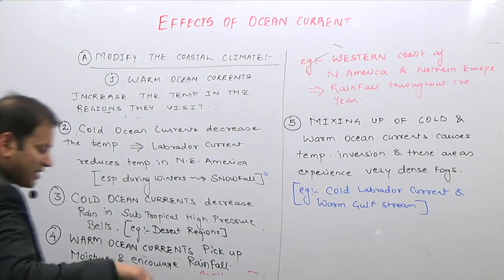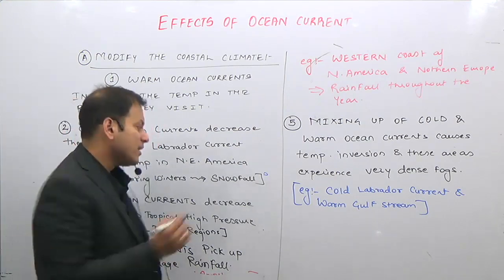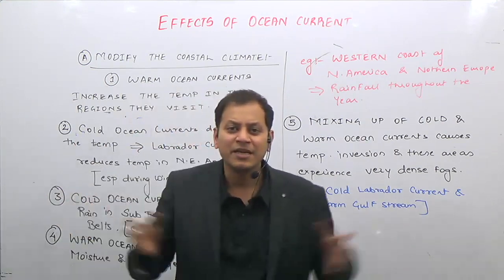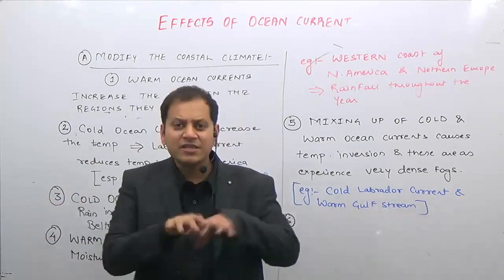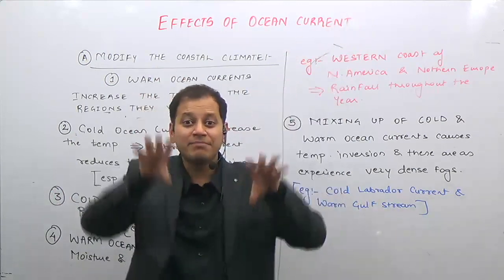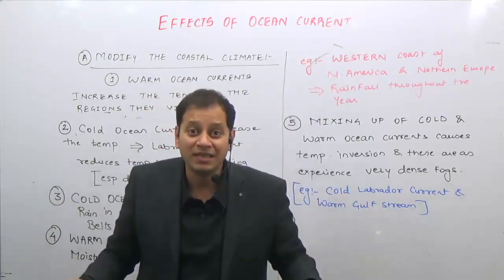Now the last significance: the ocean currents help in, what is an ocean current? It is nothing but a heat mechanism, where heat energy is redistributed, cold to warm, warm to cold. So it helps in maintaining the heat balance of the earth.